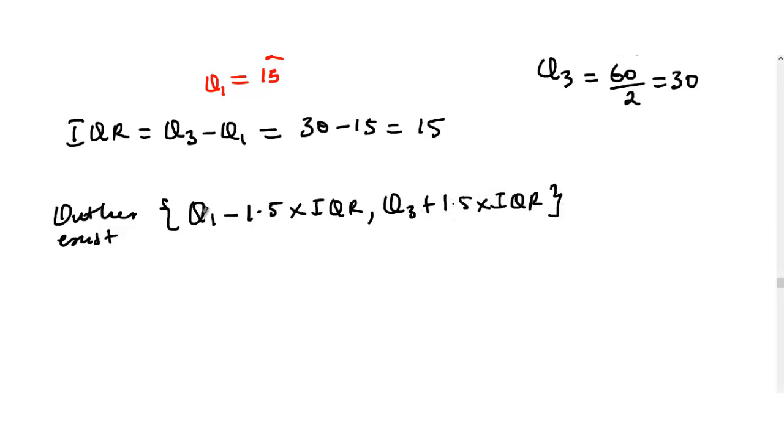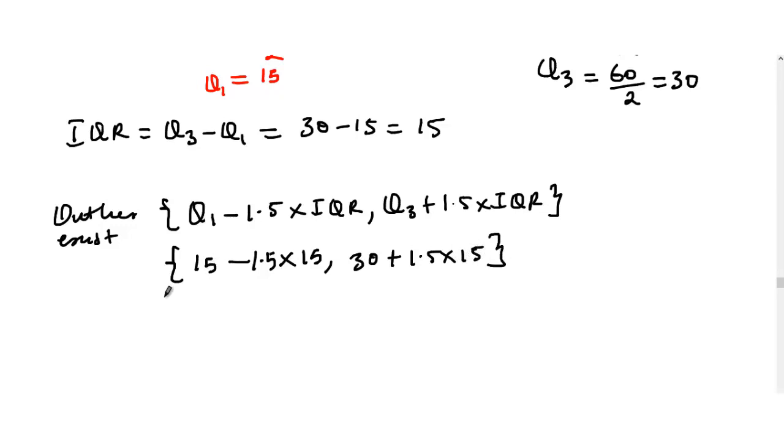All right, so now let's see what is our Q1. Our Q1 is 15. So in that case, we put it here: 15 minus 1.5 times the IQR, and that IQR is also 15, comma, Q3, that is 30, plus 1.5 times IQR, that is 15.